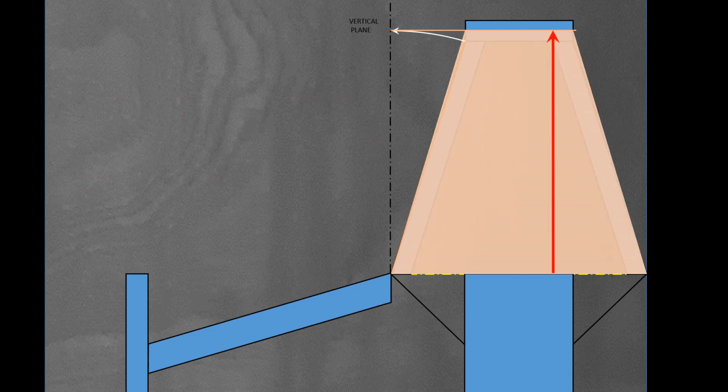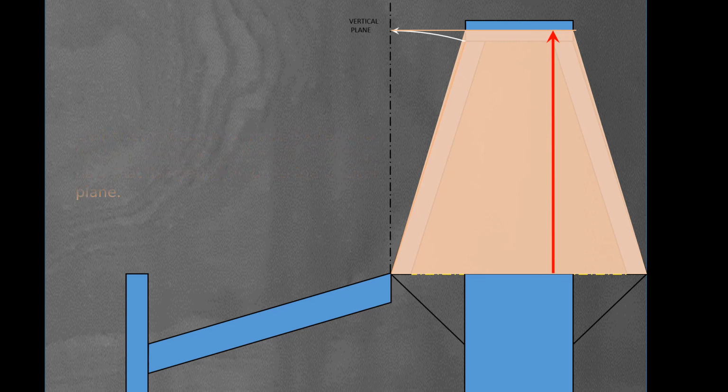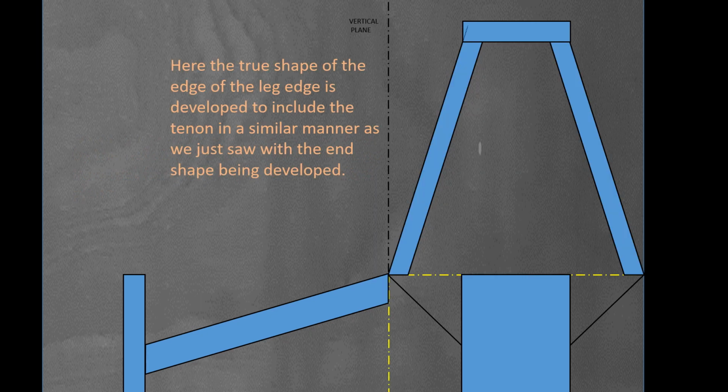So here the trapezoid shape is stretched by the red distance to show its true shape now that it's opened up onto the vertical plane. Here the true shape of the edge of the leg is developed to include the tenon in a similar manner as we just saw with the end shape being developed.